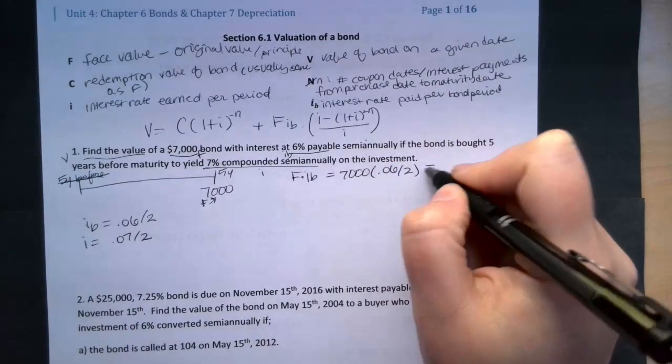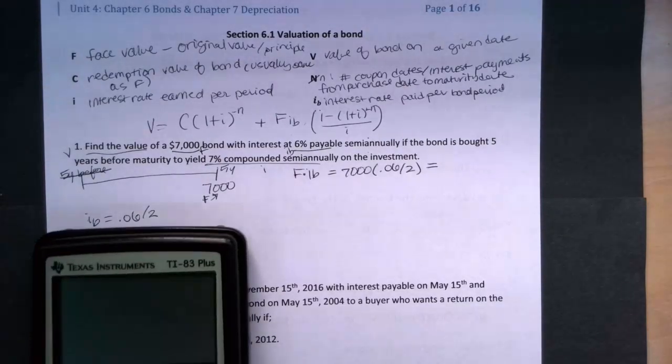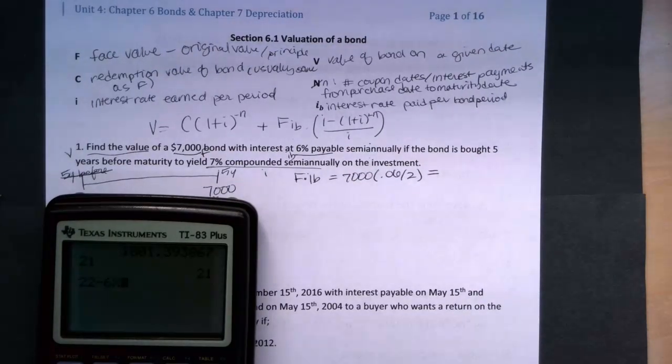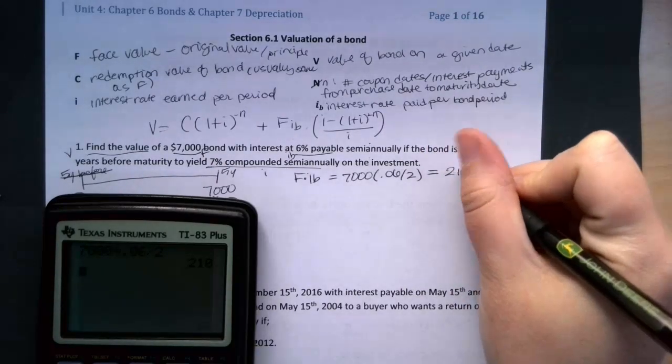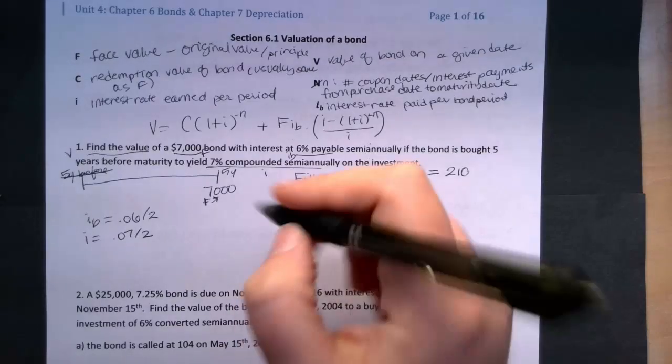When we do that on our calculator, $7,000 times 0.06 over 2, we get $210. So that means every period the bond is going to earn that $210. Now we're going to take that and plug it in our formula.